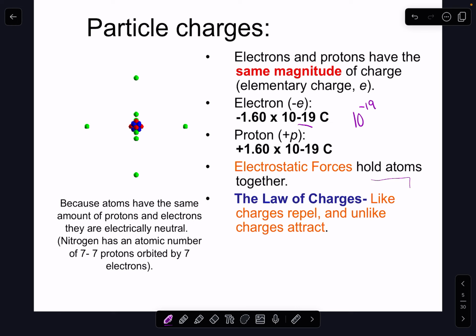And this other law of charges here, everybody kind of knows this from playing with magnets. Like charges repel, and unlike or opposites attract. So when you have a negative electron and a positive proton, those are going to attract together, as opposed to a negative and a negative, which are actually going to repel.